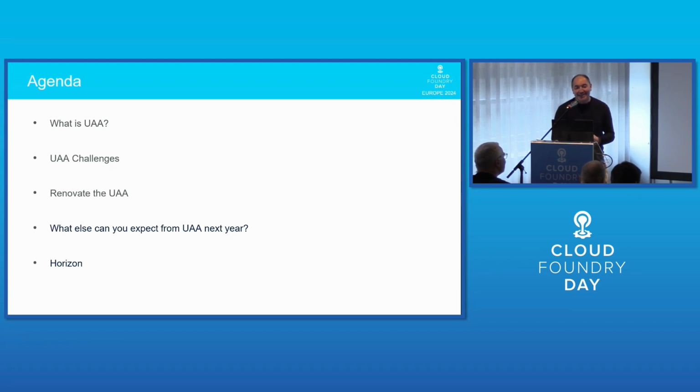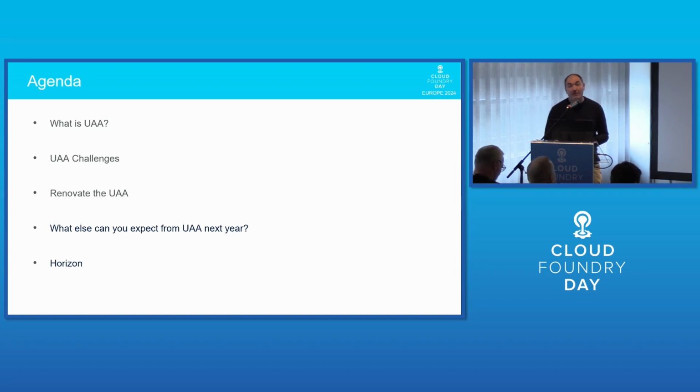Now we come to the agenda. The UAA must be introduced, at least with some words, and then I want to talk about challenges, because the UAA was not on the stage for quite a long time, and therefore, of course, we have some code smells, dependency problems, and all of these things. We need to talk about it, and then I will try to describe how we solve it.